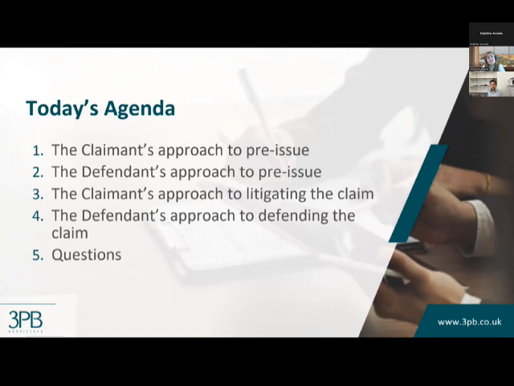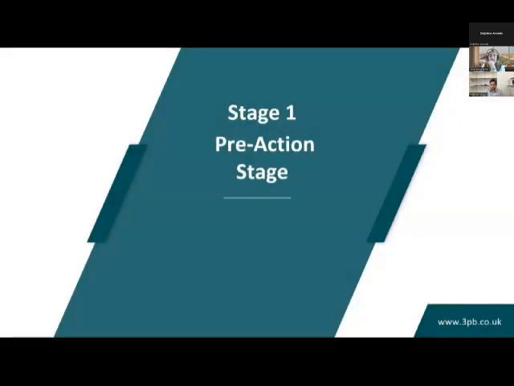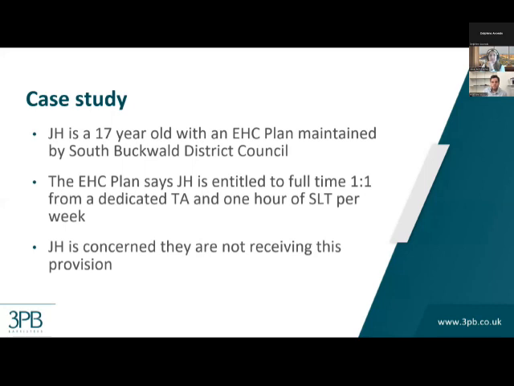Then what the defendant does when it responds to that letter before action. Then we'll look at the claimant's approach to litigating the claim, and then the defendant's approach to defending the claim. And then, as I said, the opportunity to ask questions. We hope to give you some tactical, practical and legal tips in this seminar. We're going to start now with the pre-action stage with Matthew.